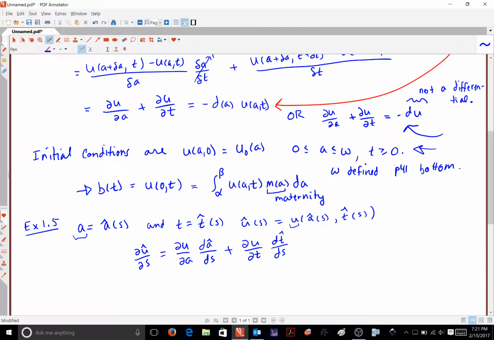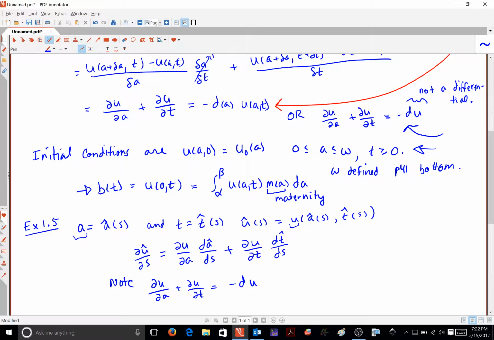So we have our derivative taken here, our partial derivative. Note that the u function is the same one we had before, so I know that du/dA plus du/dt has to be equal to minus d times u. So that is what we're going to actually plug in for this equation.